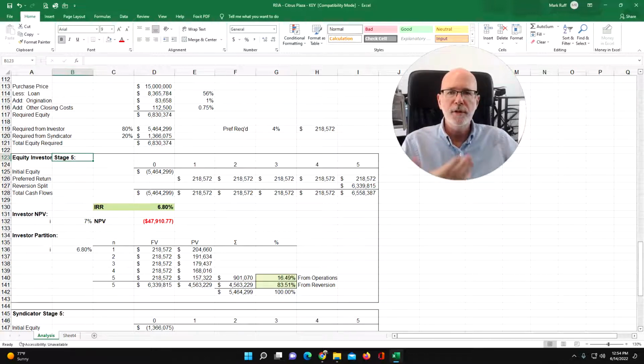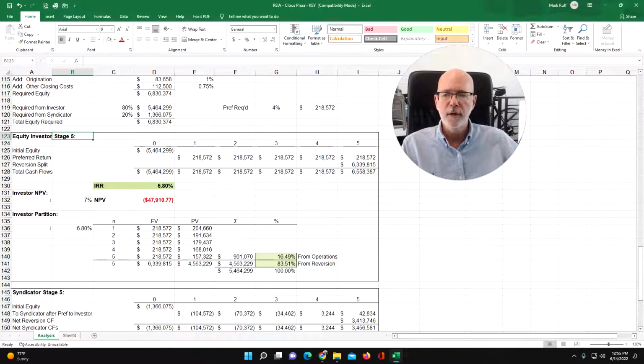Stage 2 is if we were purchasing an investment already constructed. Stage 3 is monthly cash flows during the construction process. I think stage 4 is quarterly cash flows during construction and lease up. And finally, stage 5 here is simply parsing out the equity between the investor and the syndicator.